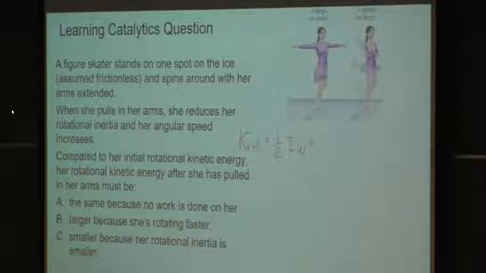I don't even want to model it, but I know it's something in kilograms meters squared, and when she brings her arms in, more of that mass is towards the center, closer to the rotation axis, so that rotational inertia is less. The closer the mass is to the rotation axis, the smaller the rotational inertia, so she has to increase her omega.